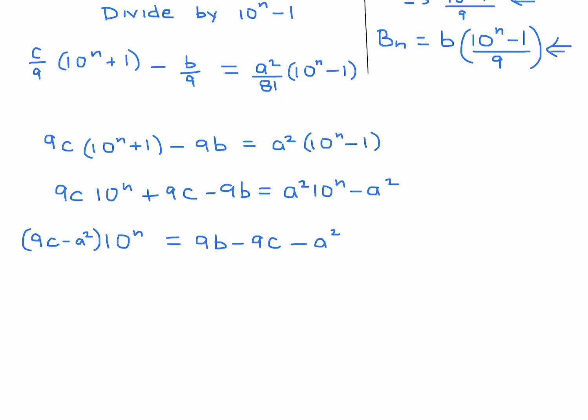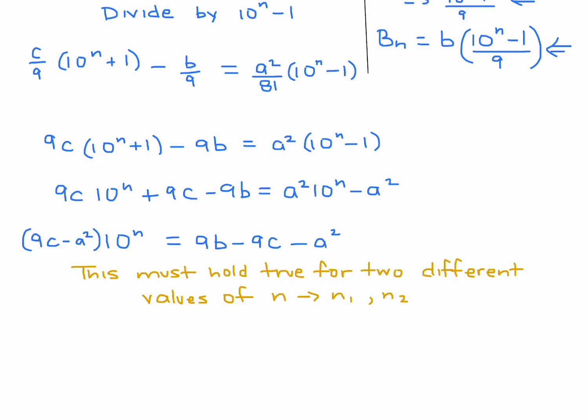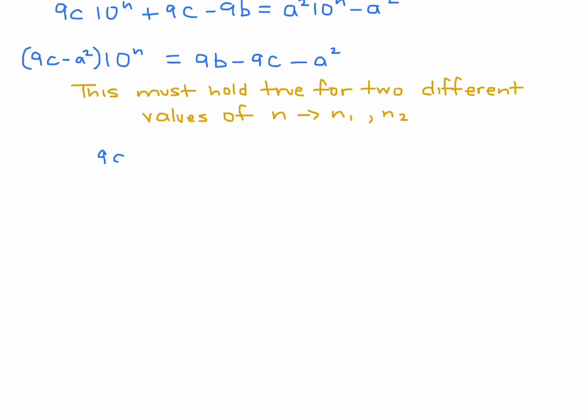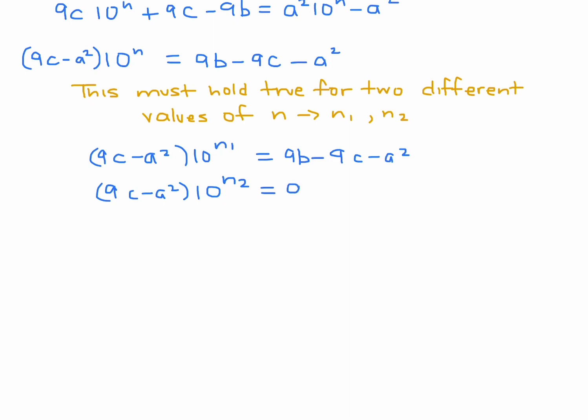Okay, great. Now, here is the key part of the question. This must hold true for two different values of n, and we can call those n1 and n2. So basically it means that 9c minus a squared times 10 to the n1 is going to be 9b minus 9c minus a squared. And 9c minus a squared times 10 to the power of n2 is also going to be equal to 9b minus 9c minus a squared, right?